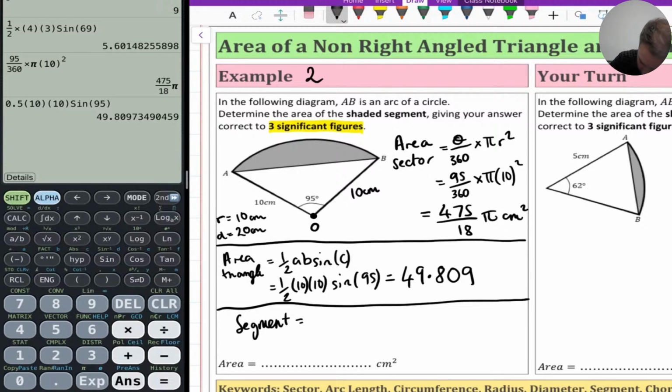So the last little part to find the segment is to take away the area of the sector, which is this part here, subtract the area of the non-right angle triangle, which makes sense. Make sure I've got my units on that. So it's going to be 475 over 18 pi minus 49.809.